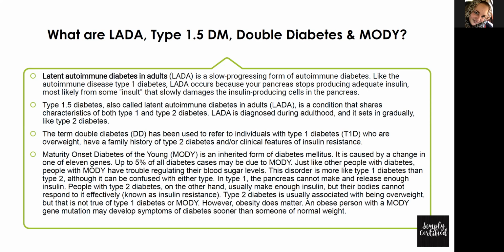Maybe they're obese, or there's an overlap there. And especially the overlap of being usually diagnosed in adulthood, and the gradual, slow set-in. So that's what that means. It just means it's kind of like in the middle somewhere.